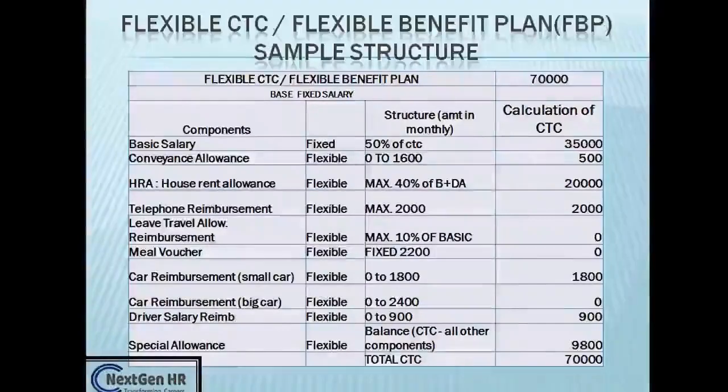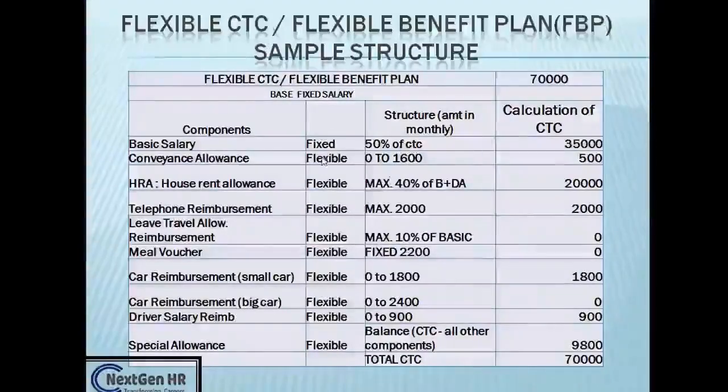So let us see what are the components that are there in flexible benefit plan. So starting with conveyance allowance, HRA, telephone reimbursement, leave travel allowance, meal voucher, car reimbursement for a small car and car reimbursement for a big car, driver salary reimbursement and special allowance.